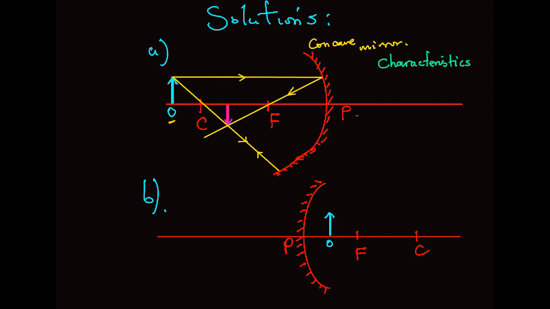From the diagram, we see that the image is formed between C and F. The image is real. That is why it is formed from real rays. The image is upside down or inverted, and the image is smaller than the object.